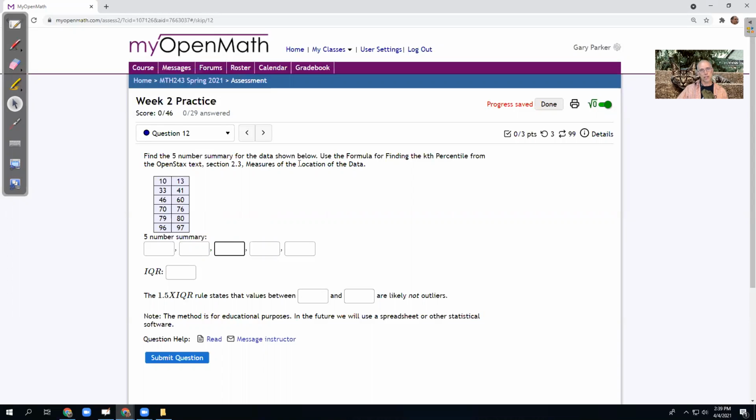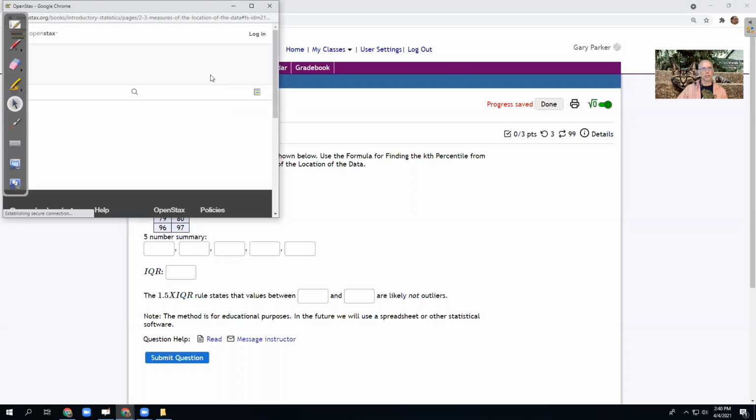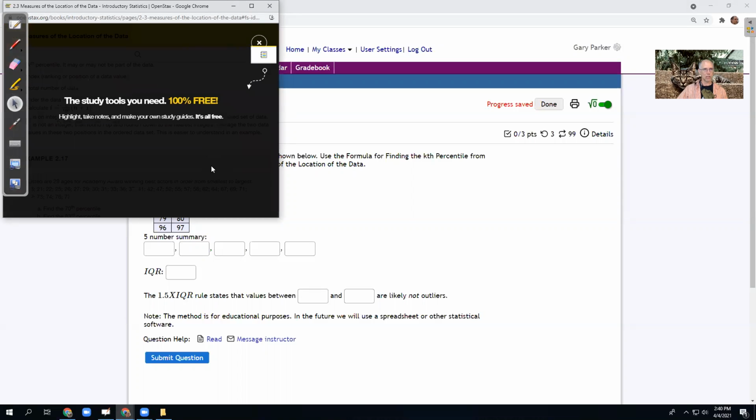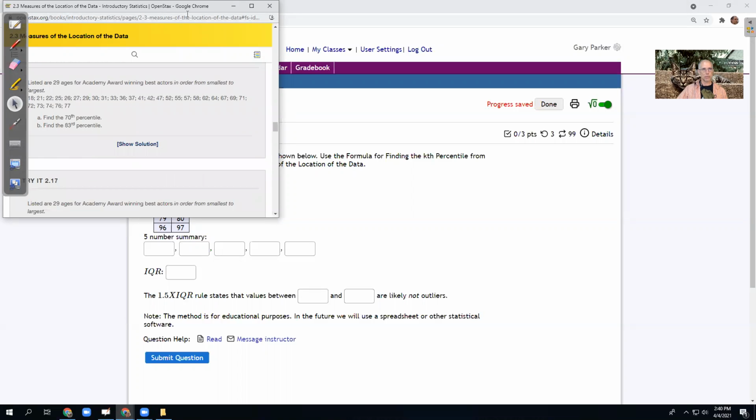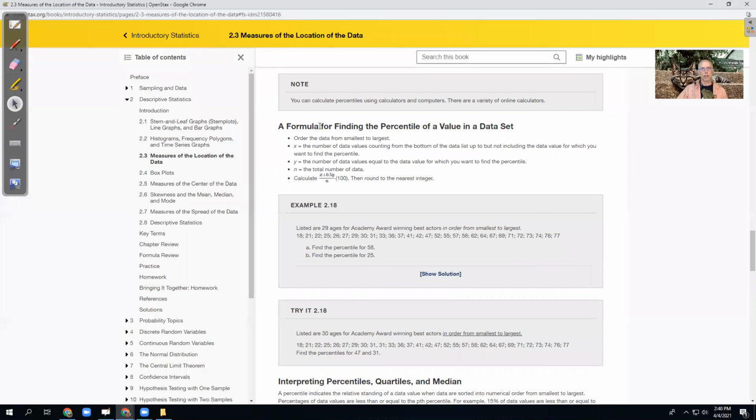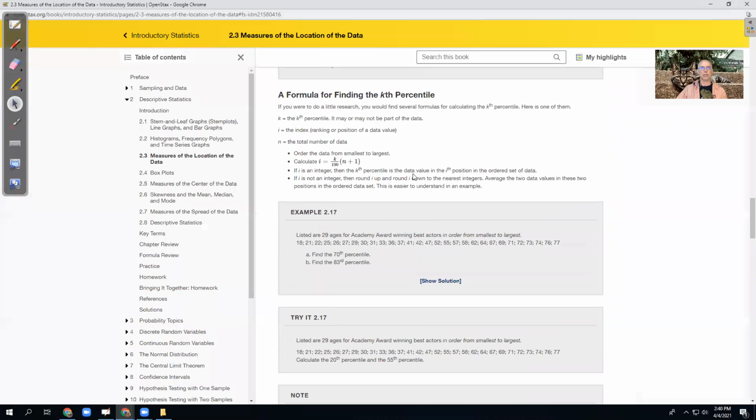The technique mentioned here, the formula method for finding the kth percentile, is linked in this OpenStax book right here. So I just linked to this book because it was pretty easy to get to. Let's blow this up a little bit. So the formula for finding percentile, let's see, didn't go quite to the right spot.